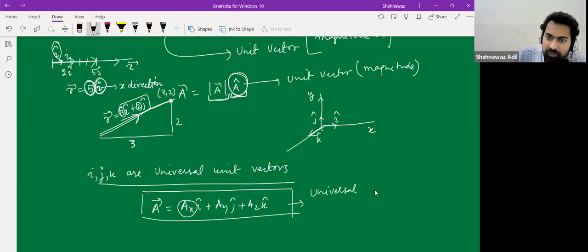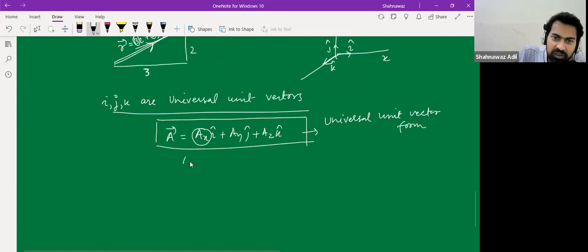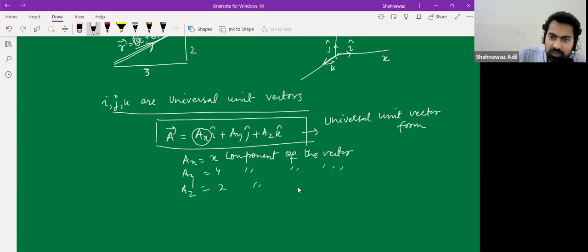Here ax is the x component of the vector, and you have this y component, and then az, which is the z component.